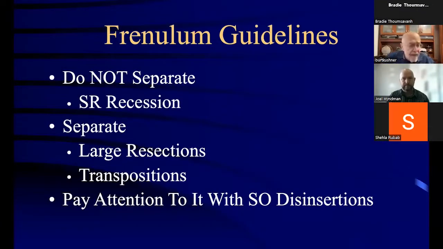So my general guidelines for handling the frenulum: don't separate it for superior rectus recessions, at least standard amounts or even large amounts. Separate it for large resections and transpositions of the superior rectus. And I'm going to cover this in the next couple of slides, pay attention to superior oblique disinsertions.